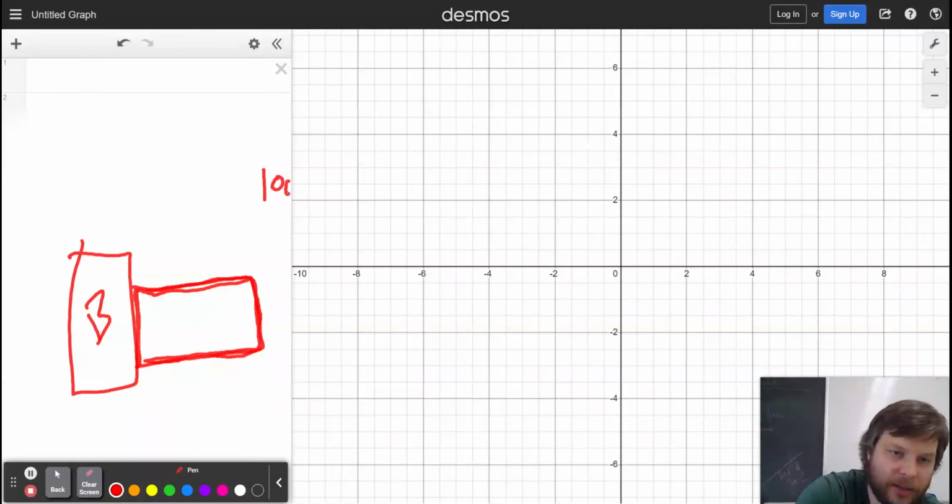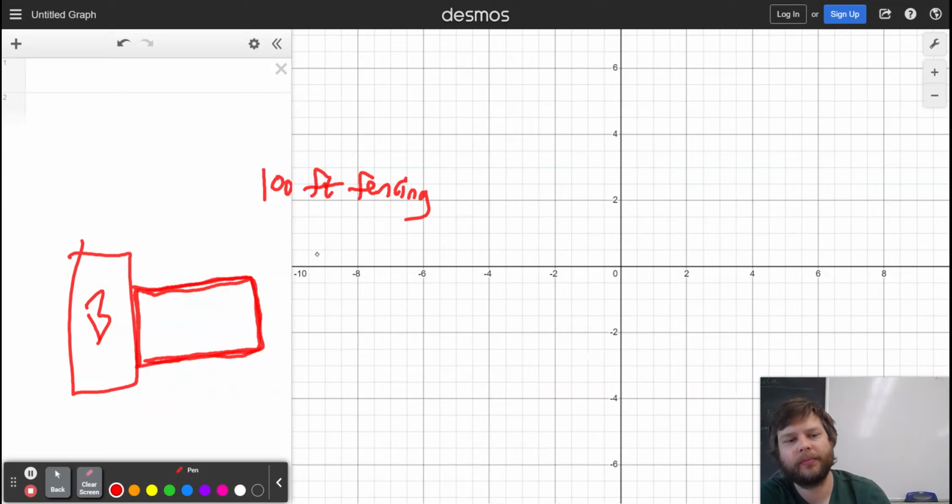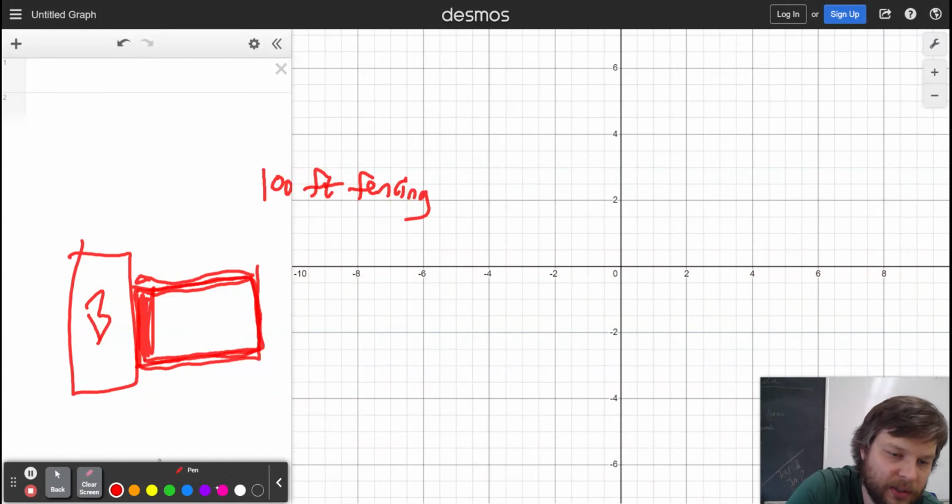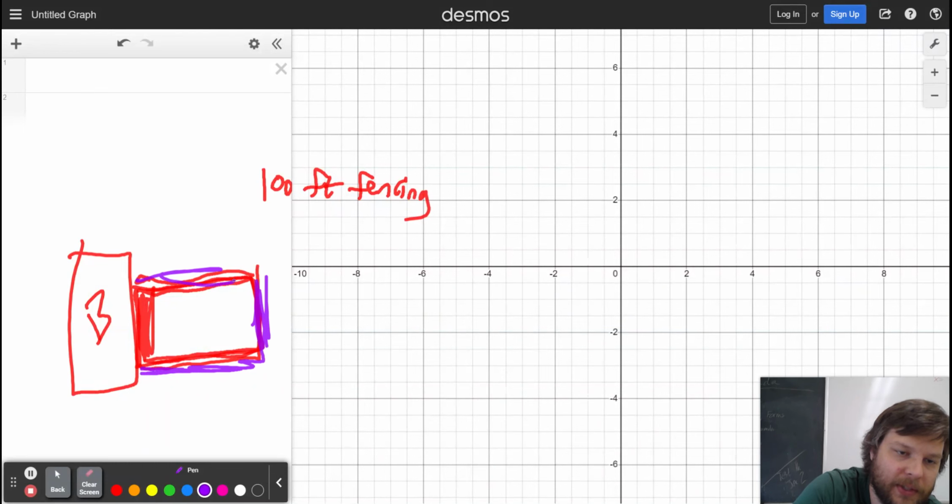You've got 100 feet of fencing and you want to maximize the area. But the nice thing about a barn is you don't have to have fencing along this side of the barn, so really it's a three-sided fence. Let's use a different color and say we just need the three purple sides of the fence.